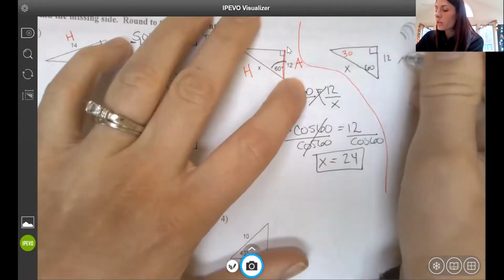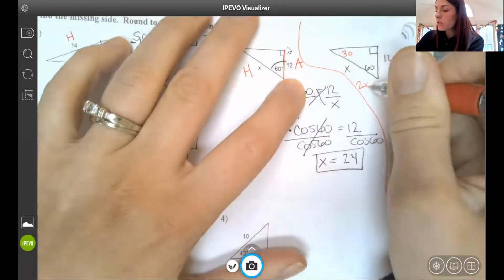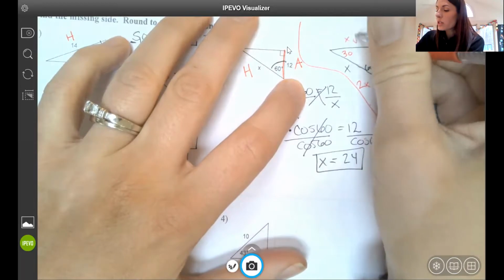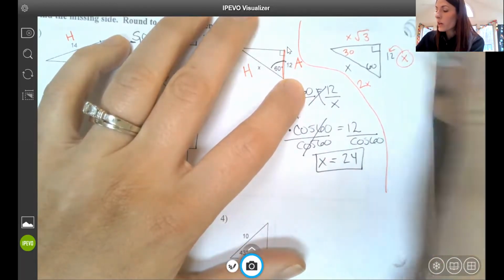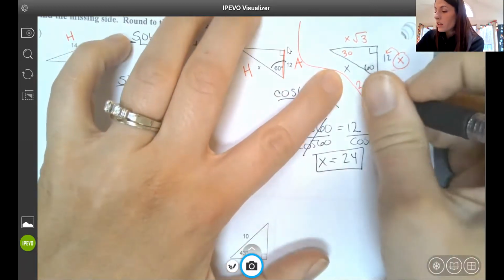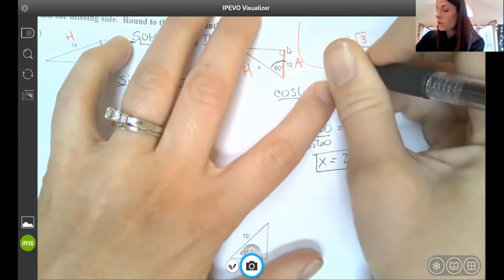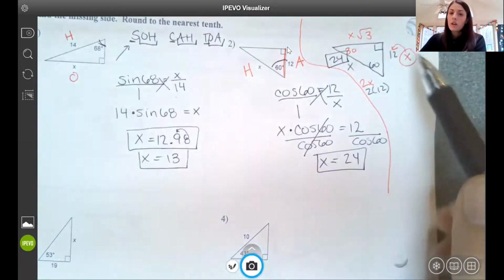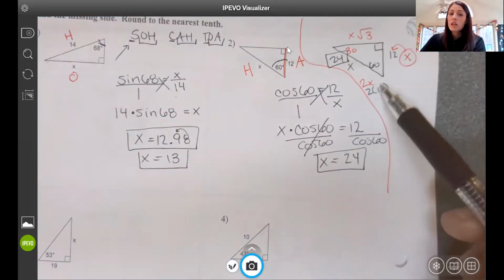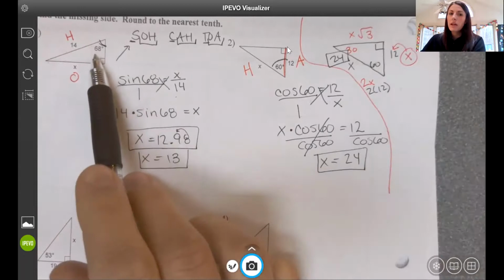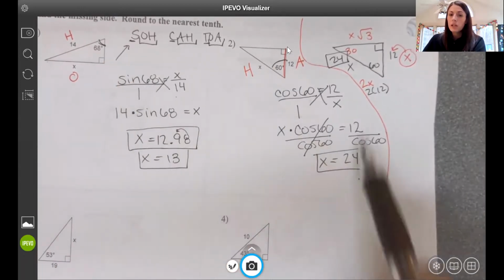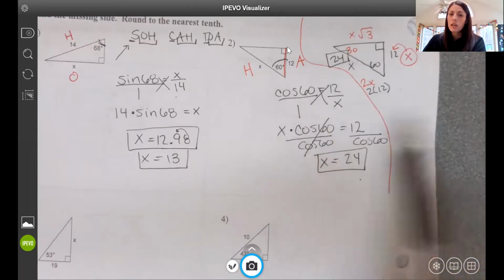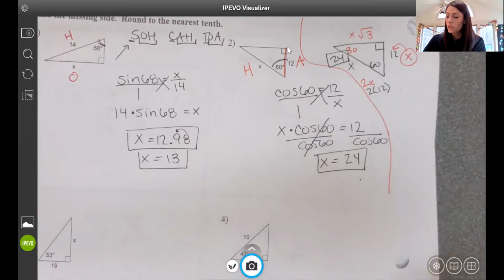So the side across from 30 is x, the hypotenuse is 2x, and the side across from 60 is x rad 3. And so I could have said, oh, x is 12, this side is 2 times x, this side is 24. I get the same answer. Okay, so I could have used special rights because it was a special angle. Couldn't have done that here. Or I can use trig and find that. So now we have more than one option when we have these special triangles.